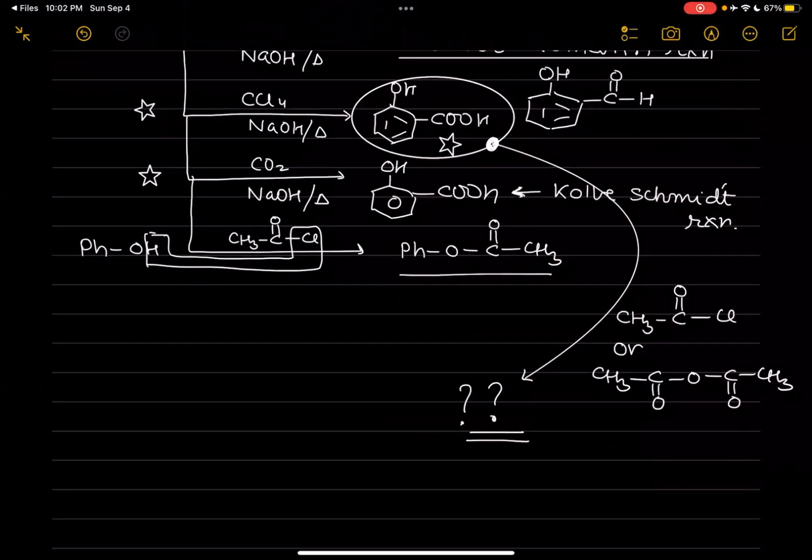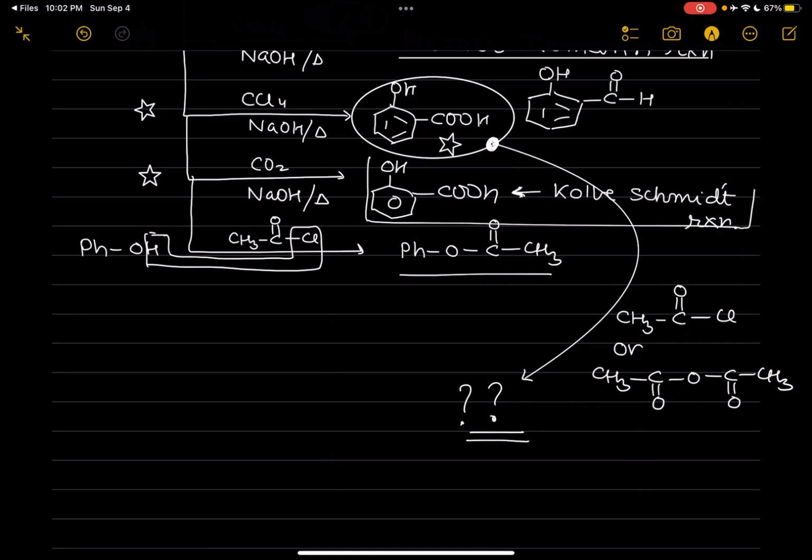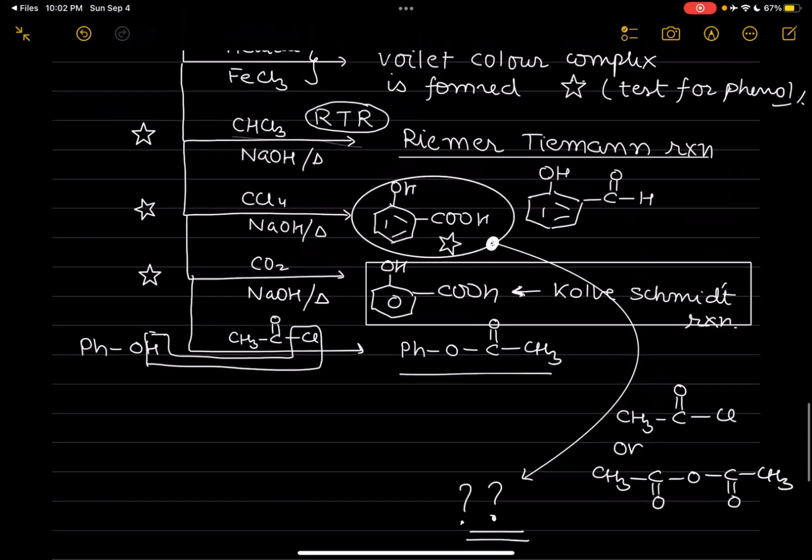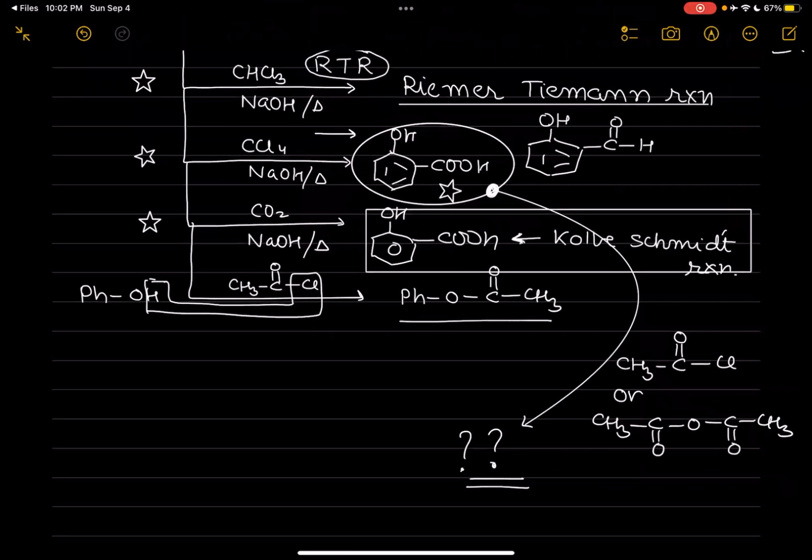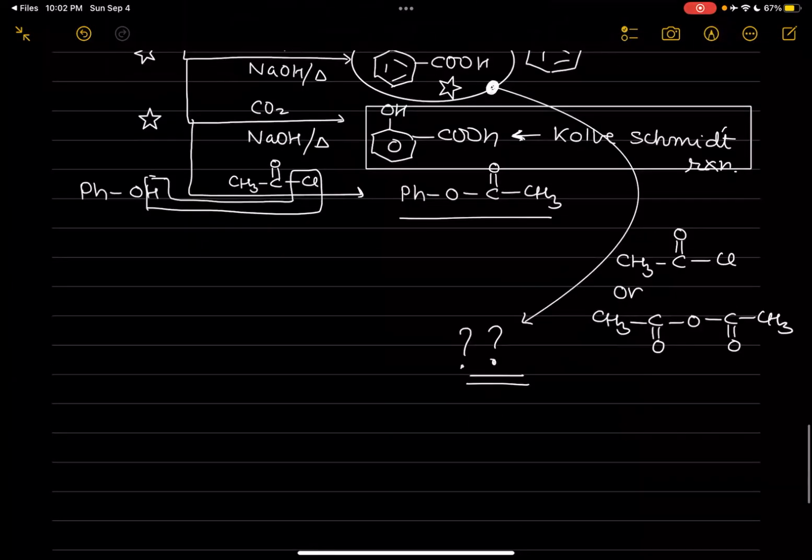Kolbe reaction is this one. I'm not asking about the Kolbe reaction. I'm asking, if you do the acetylation of salicylic acid, what do you get? I will write it here again.